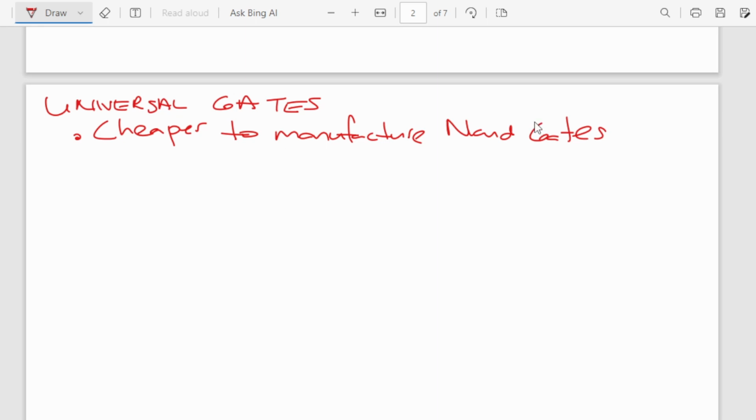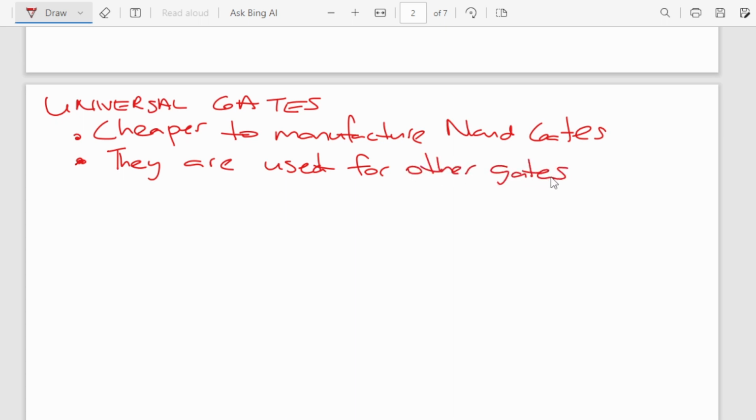NAND gates are used for inverters, for AND gates, for OR gates, and so forth. Again, because it's cheaper to manufacture NAND gates, they are used for other gates.